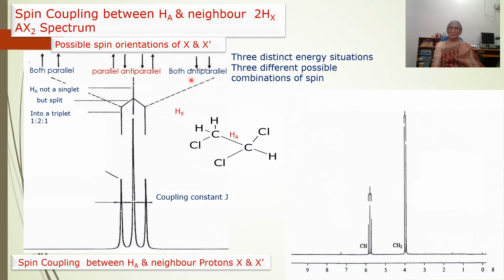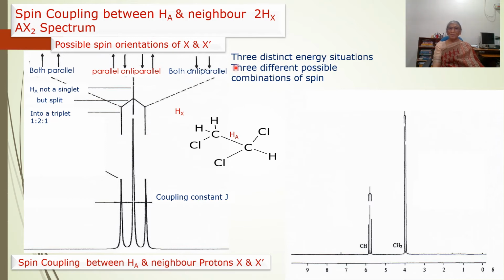Another is when the spin orientation of both protons is antiparallel, that is beta-beta. And the third spin combination is when X has a parallel spin and X prime has an antiparallel spin, or X has an antiparallel spin and X prime has a parallel spin.